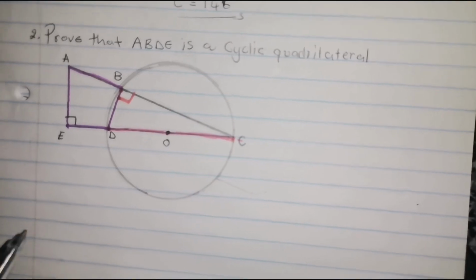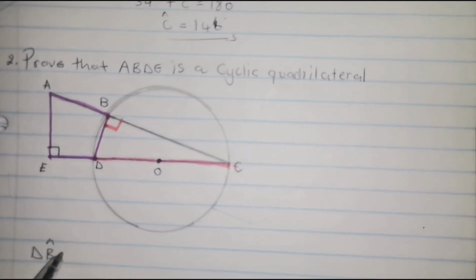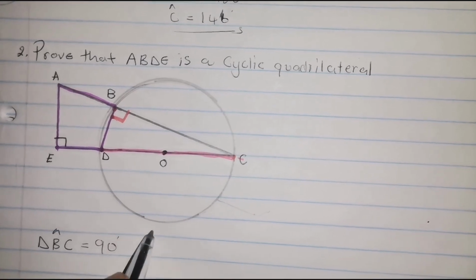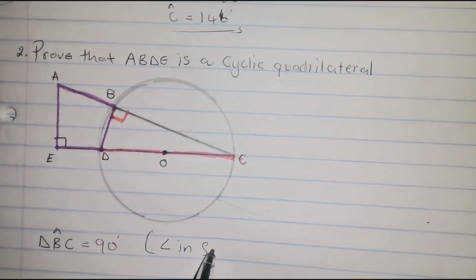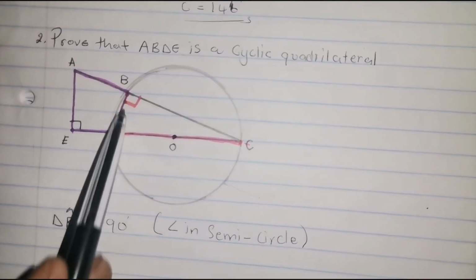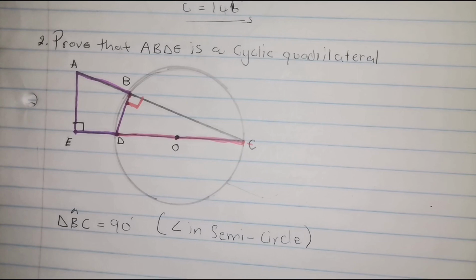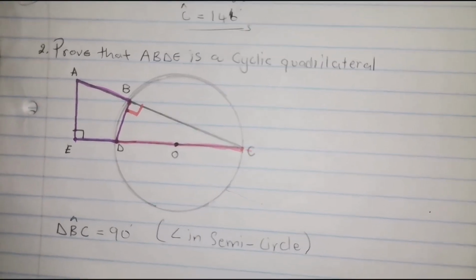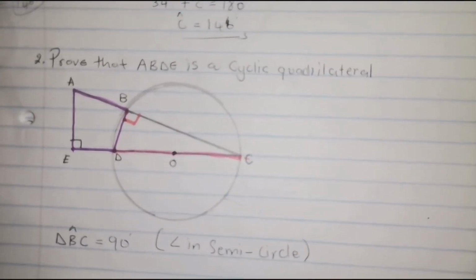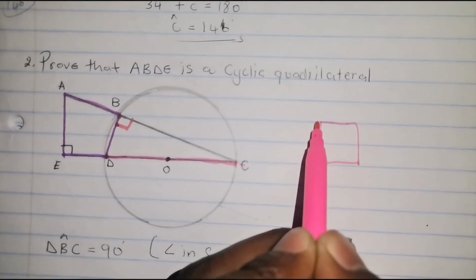So, angle DBC equals 90 degrees. Reason: angle in a semicircle. Then, if this angle is equal to 90 degrees, according to the theorem of cyclic quadrilateral, if we have a diameter, let me just draw a sketch like this.